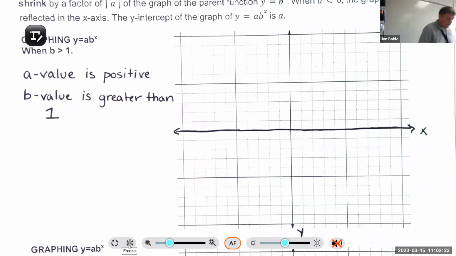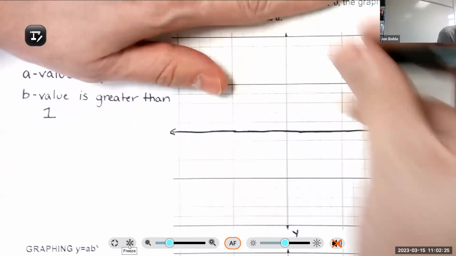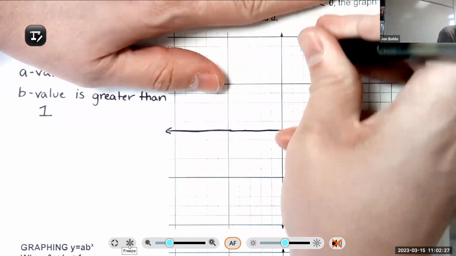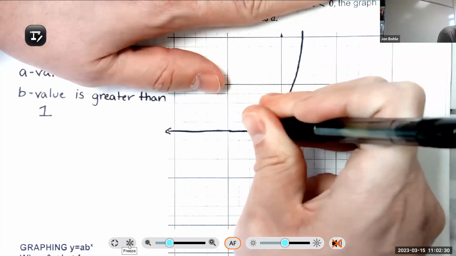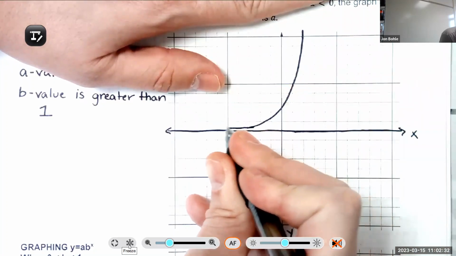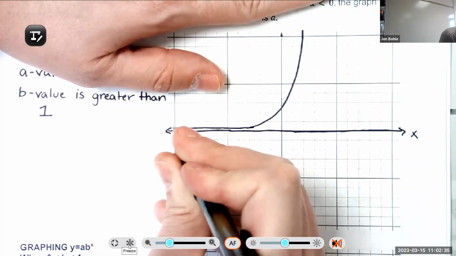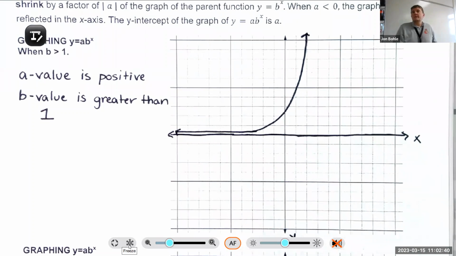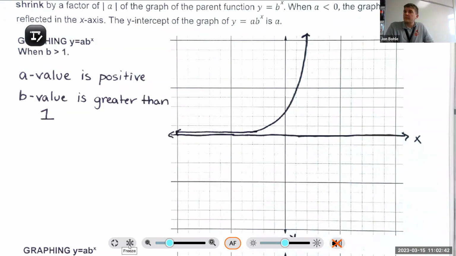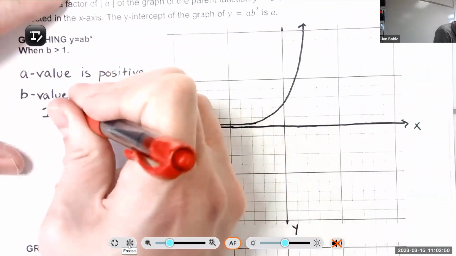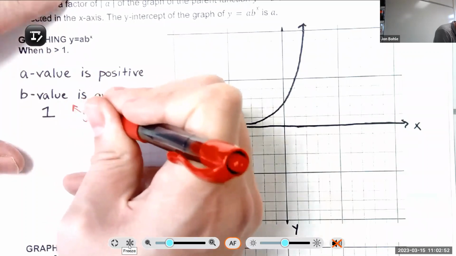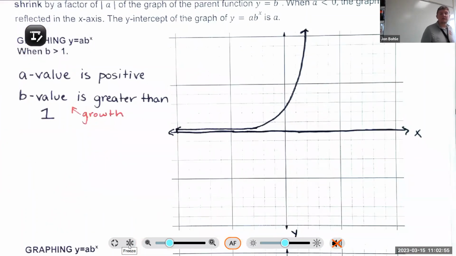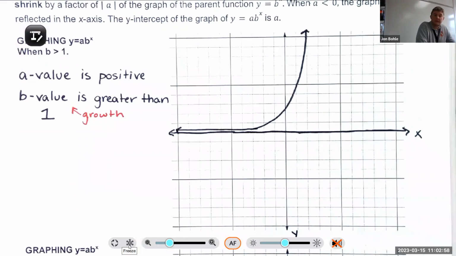This is what it's going to look like, generally speaking. This is what we call an exponential growth function. And what makes it a growth one is the fact that the b value is greater than 1. That makes it growth.